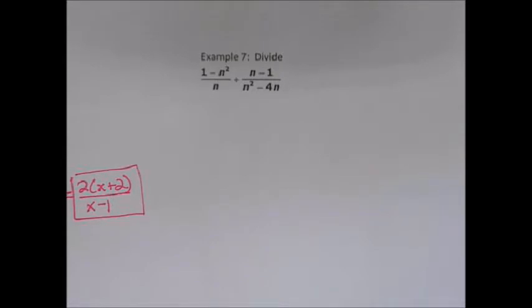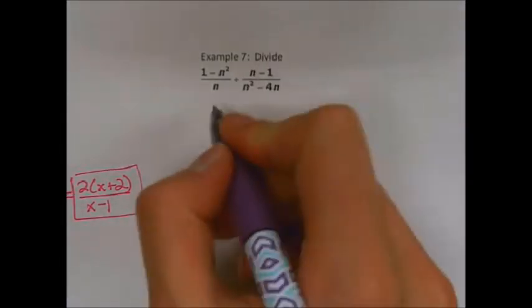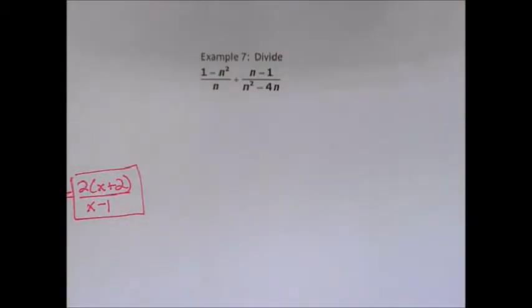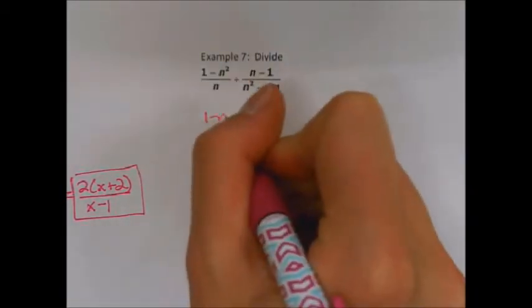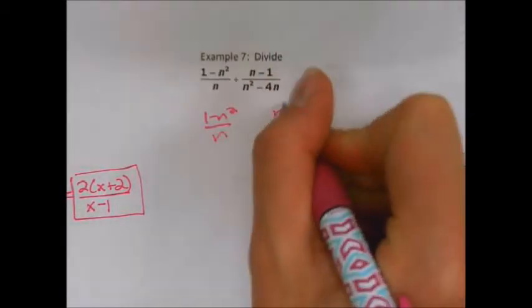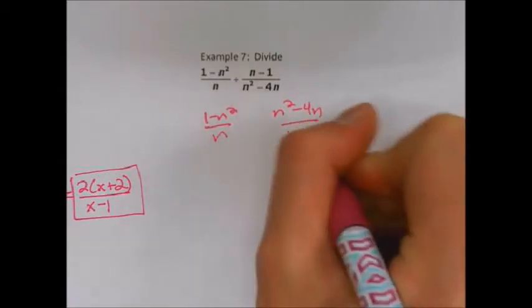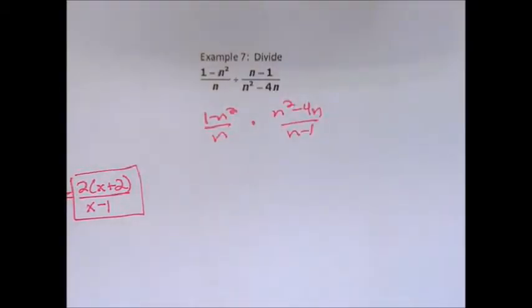So number 7, we're going to keep, flip the second, change to multiplication.